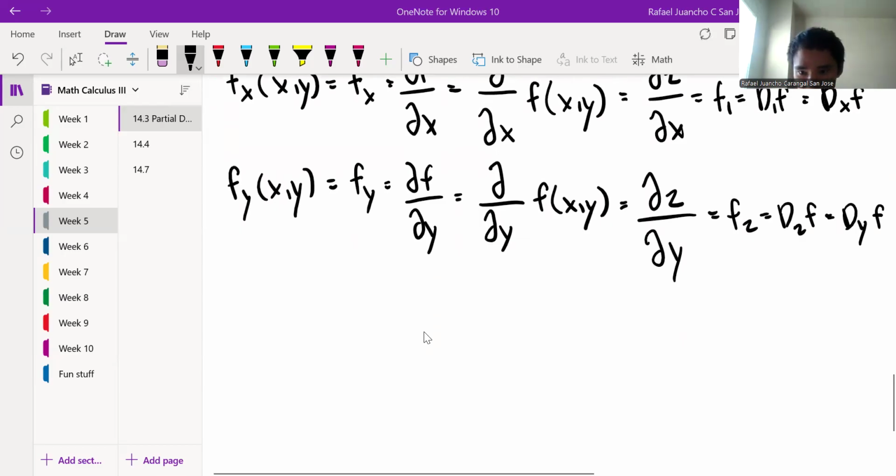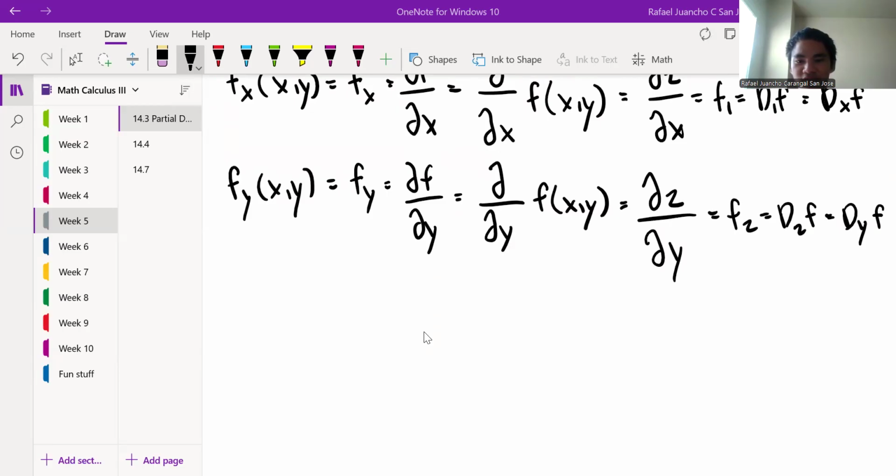And to compute these, all we have to do is remember from equation 1 that the partial derivative with respect to x is just the ordinary derivative of a function that we'll call g of a single variable.